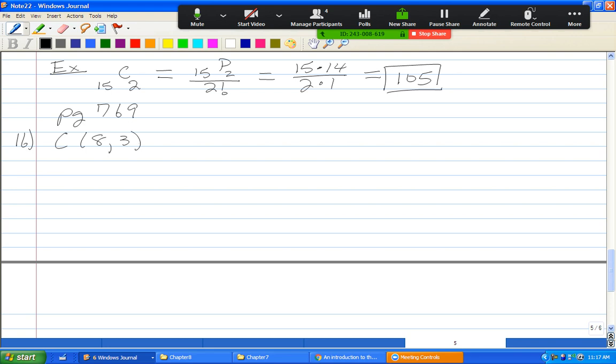No one ever uses this notation. It should really read 8C3.